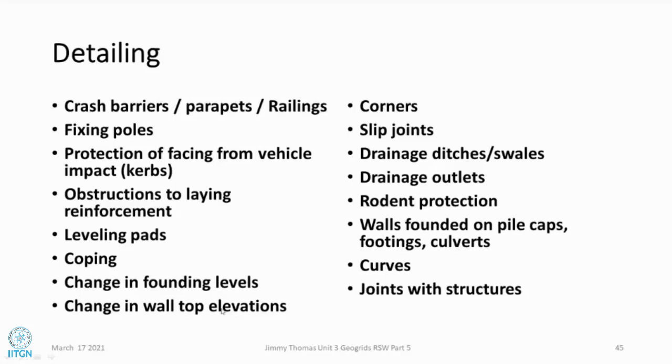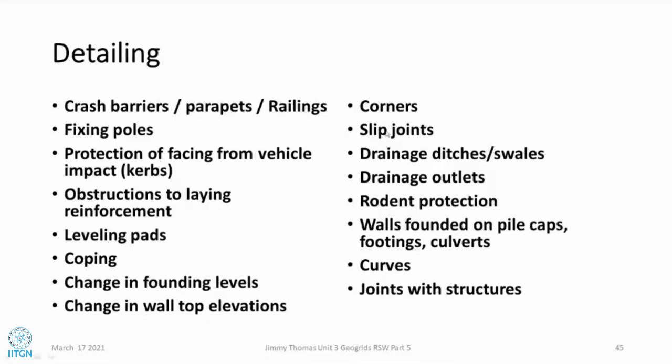Similarly, change in wall top elevations. Corners. The corners could be right angle, acute, or obtuse. So there is detailing there. And slip joints, because if the settlement is slightly more, then at intervals, 20 meters or something, we provide slip joints.